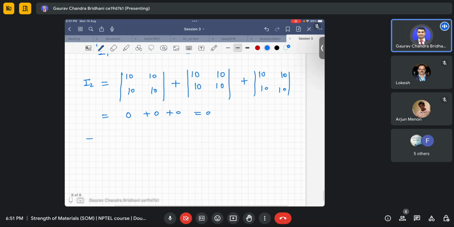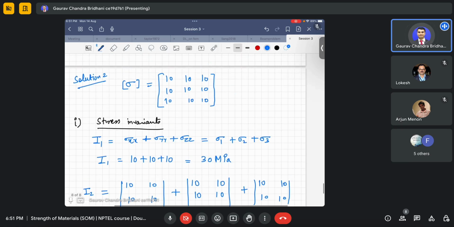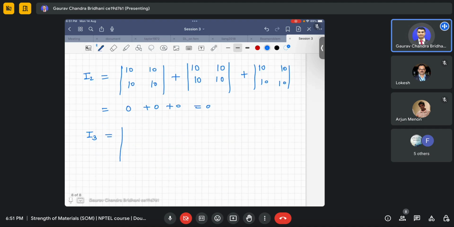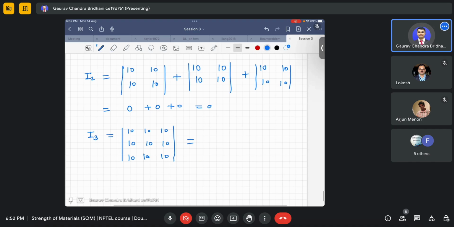And the third stress invariant, I3, is nothing but the determinant of this whole matrix which is given. So by the property of matrices, when all the elements of the matrix are the same, its determinant is 0.